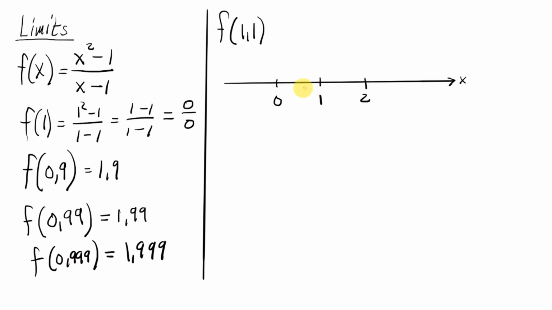I can also approach x equal to 1 from the other direction. Here we have approached 1 from the left to the right. I can also approach 1 from right to the left.